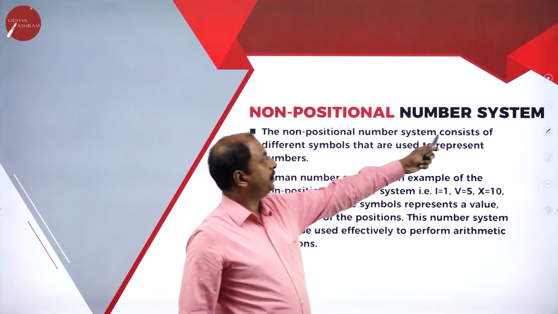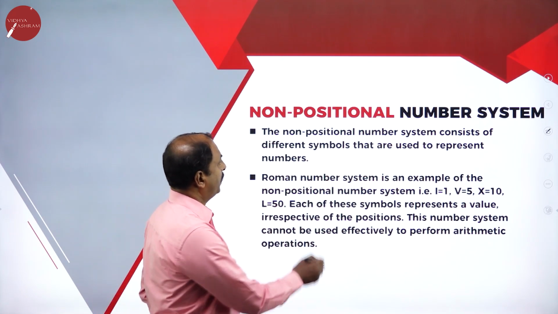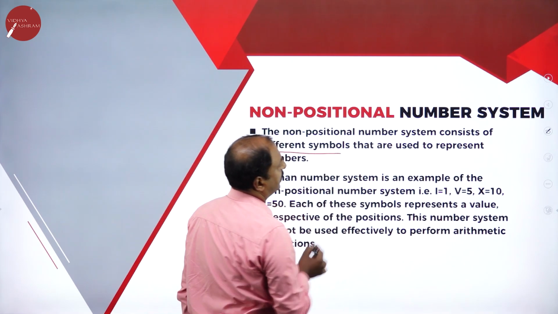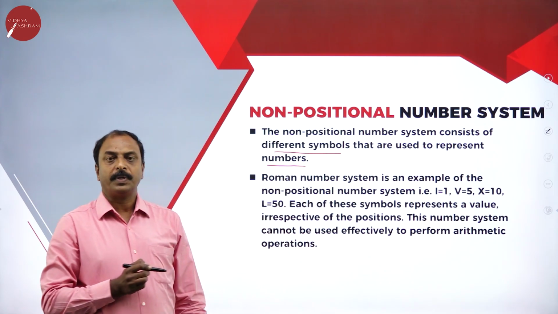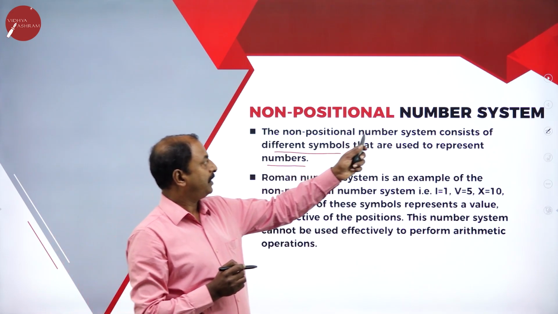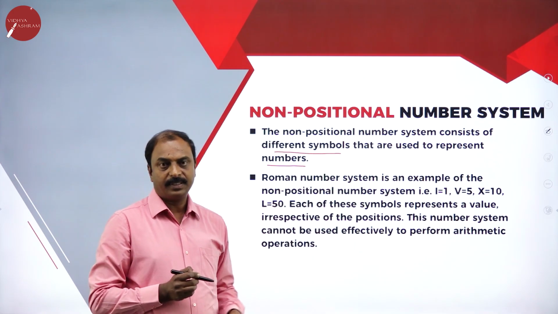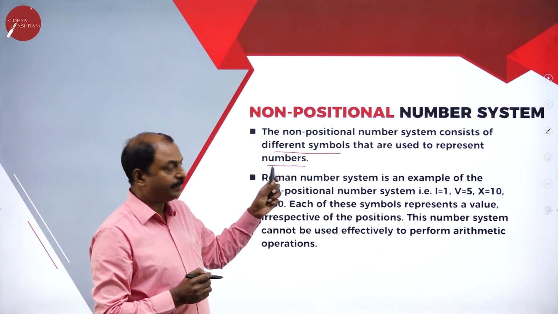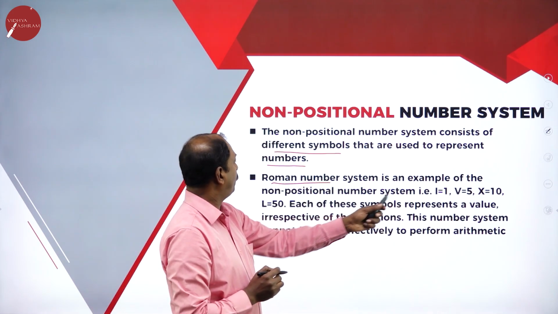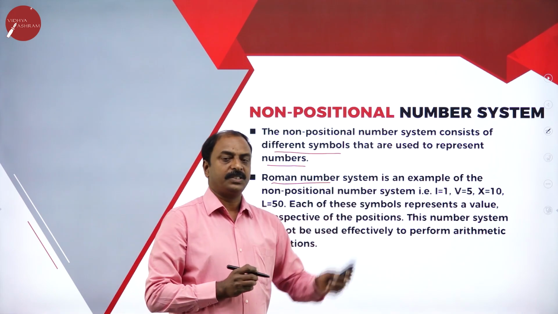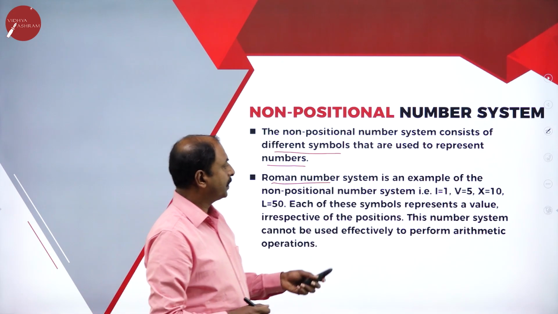What is a non-positional number system? The non-positional number system consists of different symbols that are used to represent numbers. So the first point is that non-positional number systems consist of different symbols to represent numbers. Here the Roman number system is an example of a non-positional number system. Now all of you know what Roman numbers are. Just look at the example.